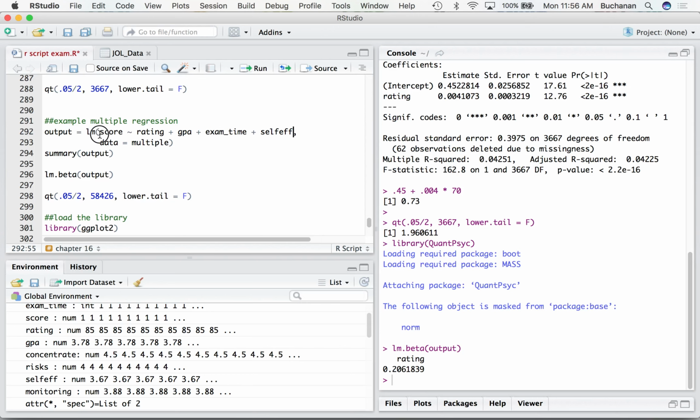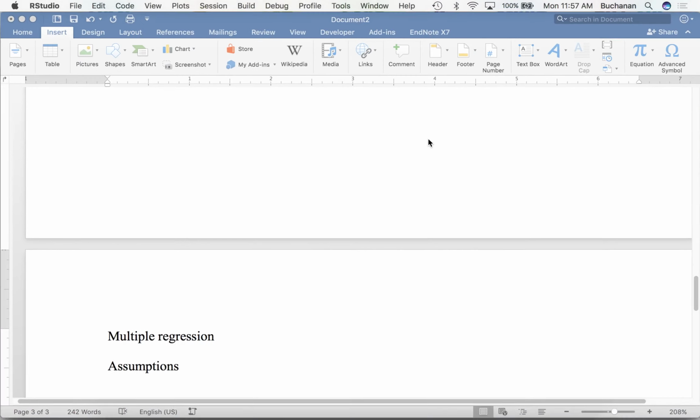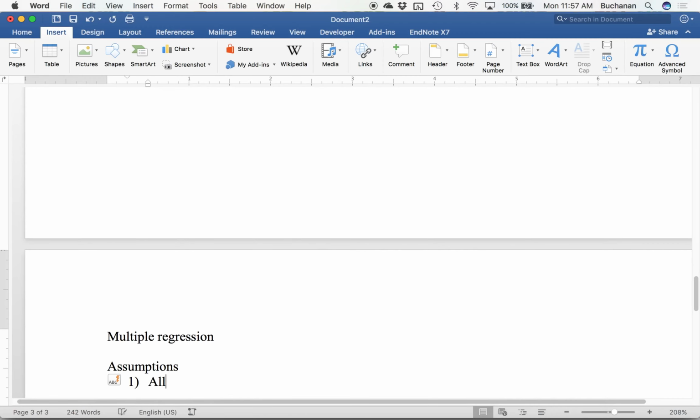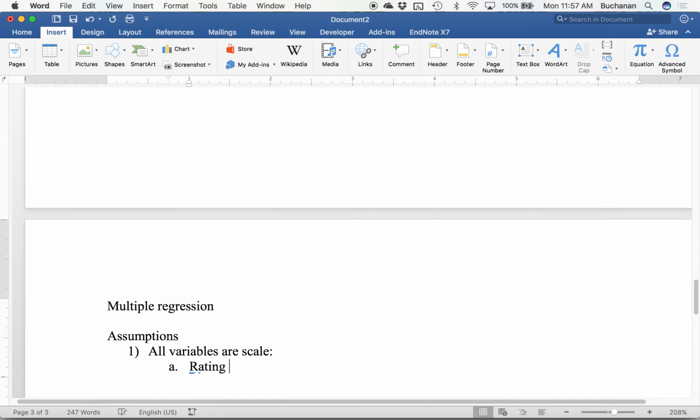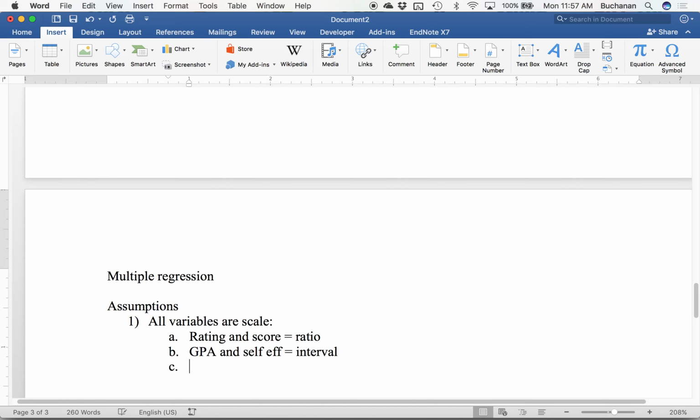Now if I think about all of these variables, are they all scale variables? Because that's the first assumption that we're going to talk about. Well, rating and score, we decided a minute ago, were ratio. GPA and self-efficacy are interval. You can't really get a 0 GPA. So yeah, all variables are scale. The second one is all variables are normal.